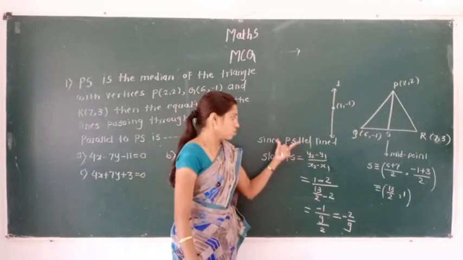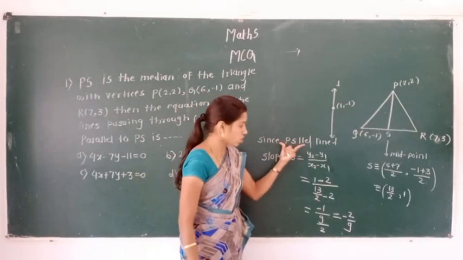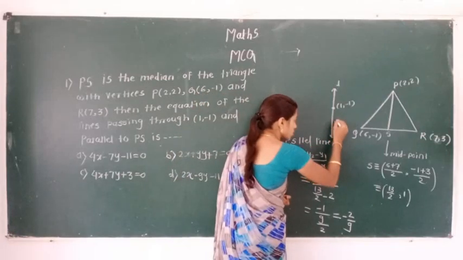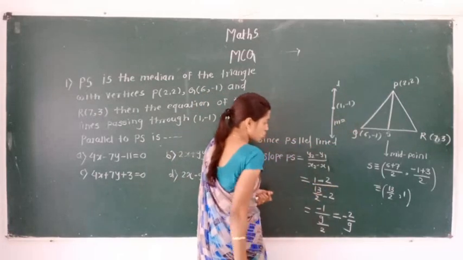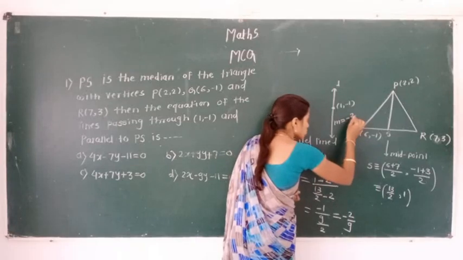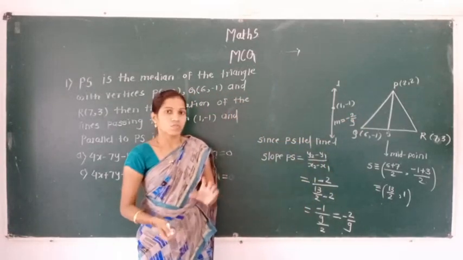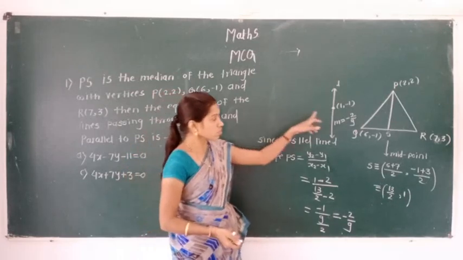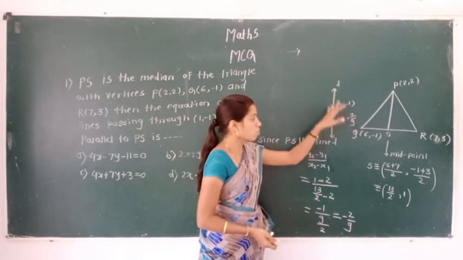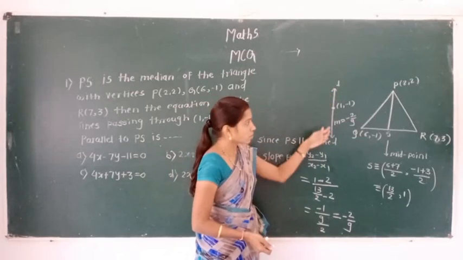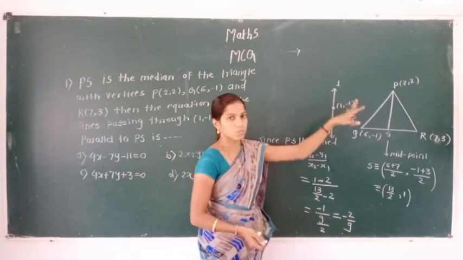Okay. Now from the given information, the slope of the required line, consider as m, is equal to minus 2 by 9. Now we know the slope of this line and one point the line passes through, (1, -1).